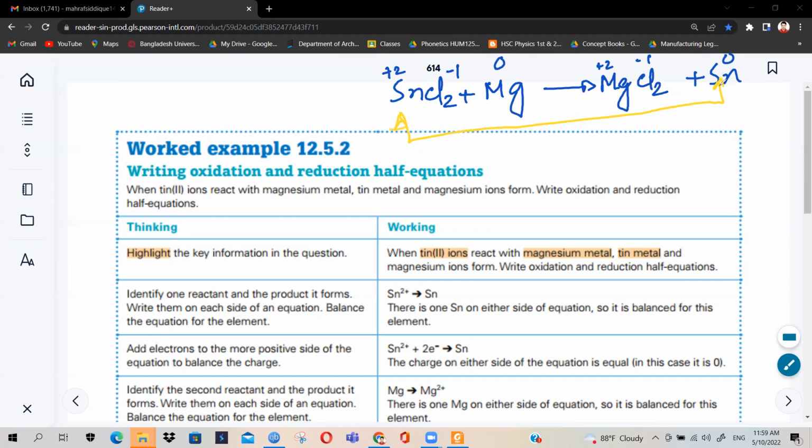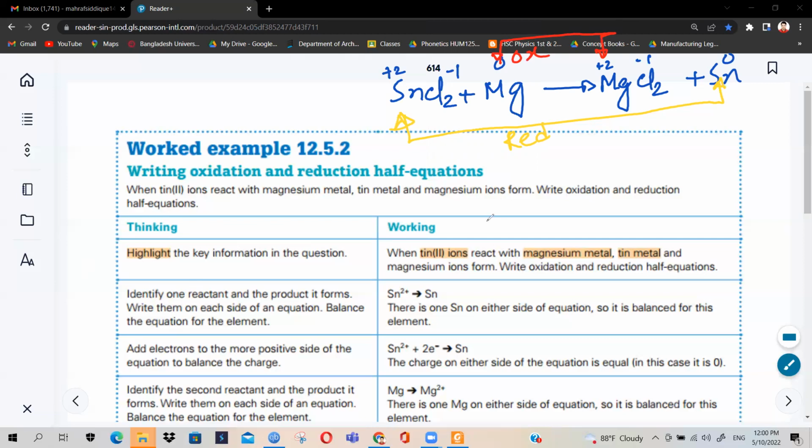It has gained electrons, and that means it's a reduction. In the case of magnesium, however, it's an oxidation. Then you can easily write down the equations. Read the whole book if you think that helps you more, no worries, but I think writing down the oxidation numbers is much easier in my view.